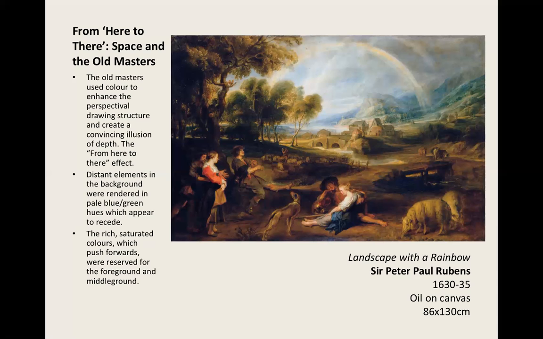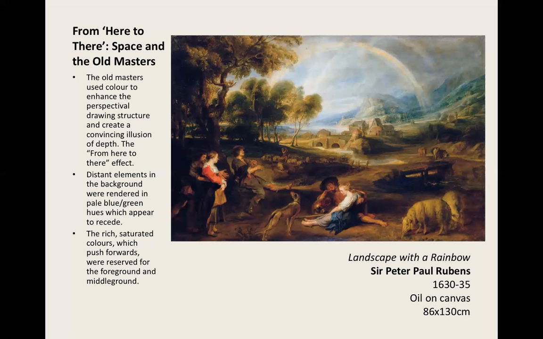He's achieved this by reserving the richer, more saturated colours for the foreground. So the trees are very dark, but if you look at where the flash of red, the flash of blue are occurring, it is very much creating a sense that the foreground is closer to us. And then look at the mountains and the rainbows behind.